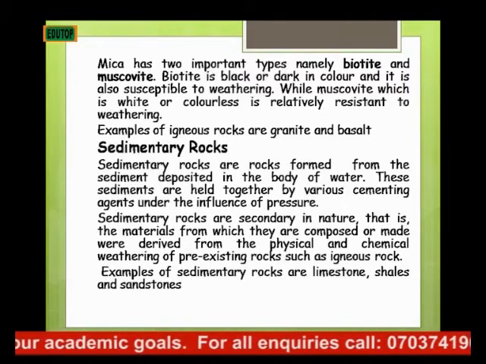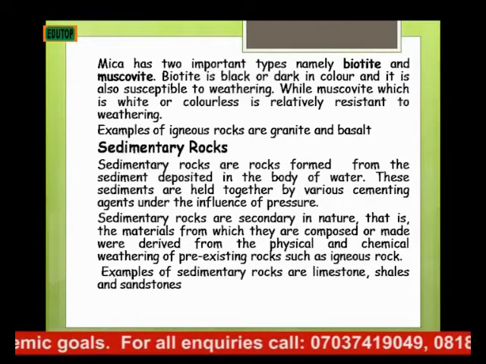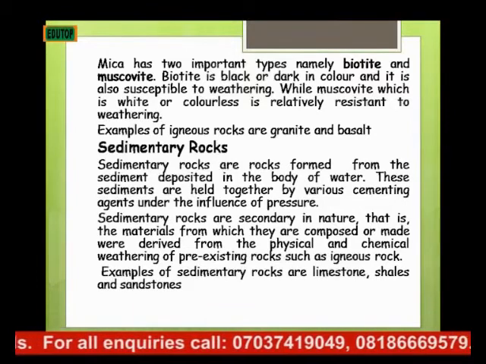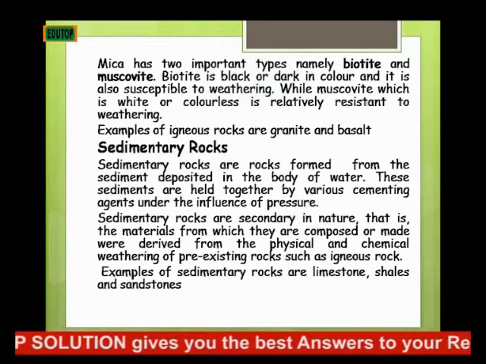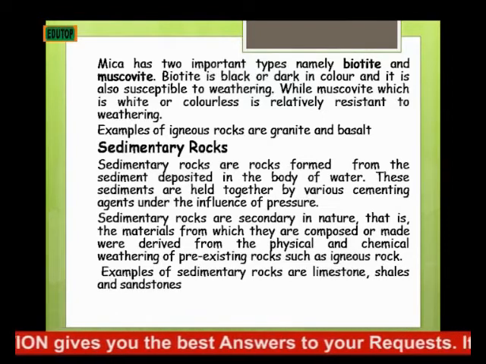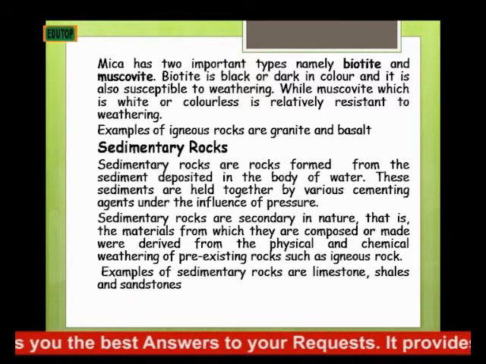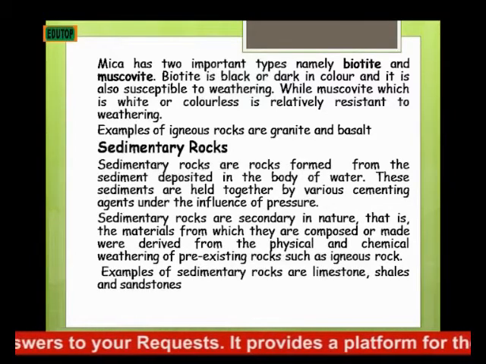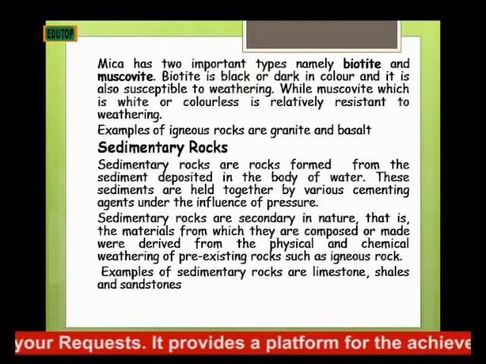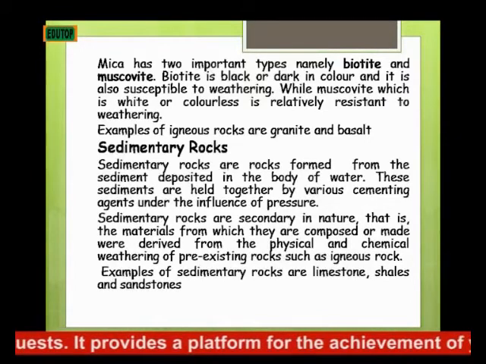Now we're going to another type of rock, which is the sedimentary rock. Sedimentary rocks are formed from sediments deposited in bodies of water. These sediments are held together by various cementing agents under the influence of pressure. Sedimentary rocks are secondary in nature, unlike the igneous rocks that are primary in nature, which are formed from molten lava or magma.